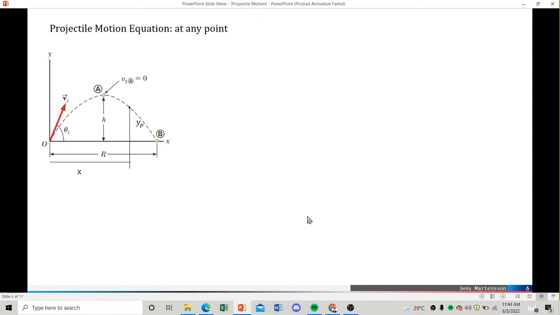Okay? So what about if you are trying to calculate at any point on this projectile path, let us say we have this point that you want to calculate? How will we come up with that equation from the three kinematic equations?